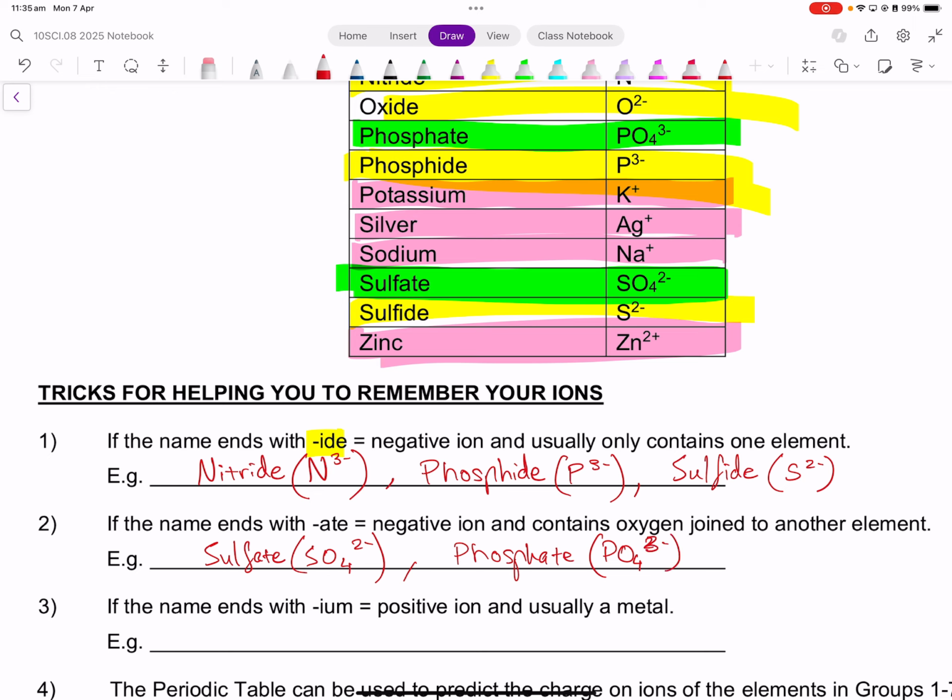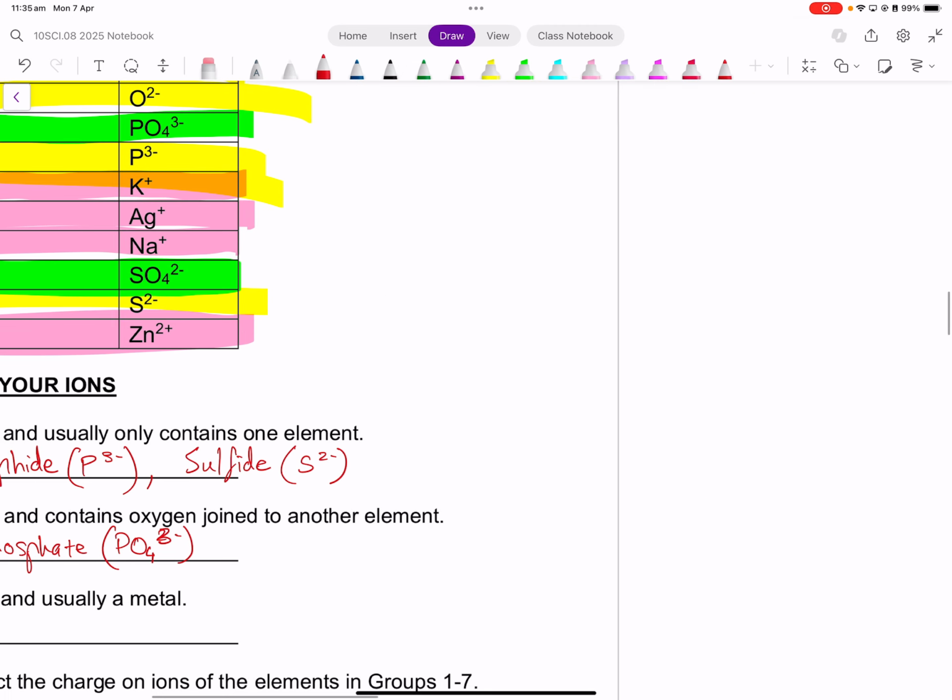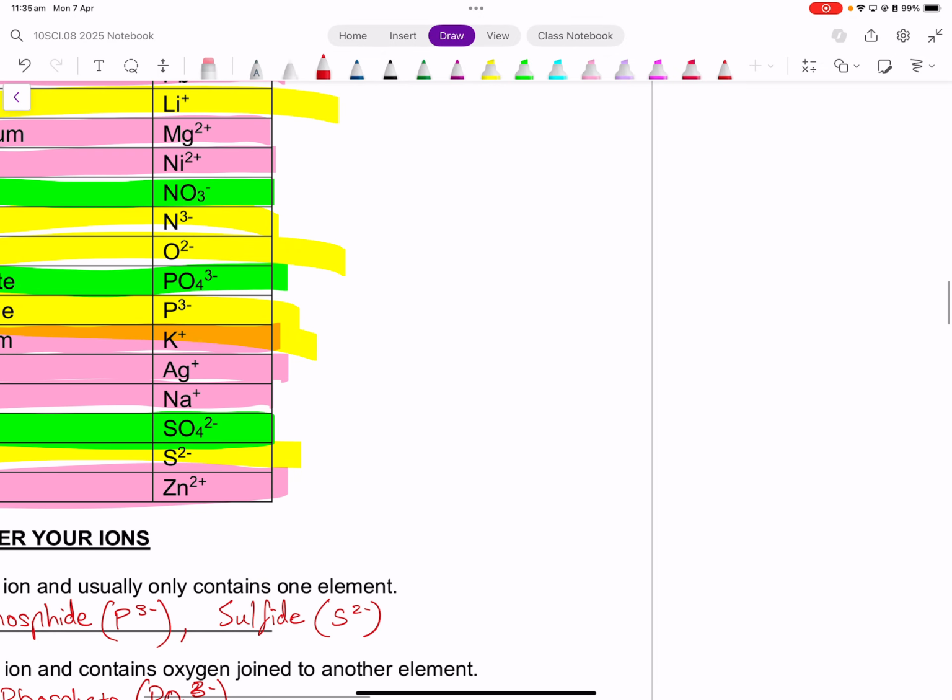So let's break down what this means very quickly. There's a lot of numbers, and I know it's been a while since you did year 9. Over on the side of your page, I'll fill it in the same spot as you can. I'm going to make an example out of phosphate: PO4 3-. I'm going to write it really large like that. We're going to highlight and label some bits together.